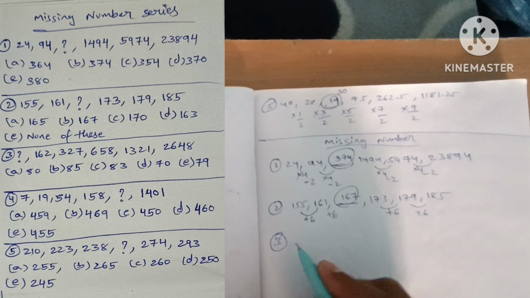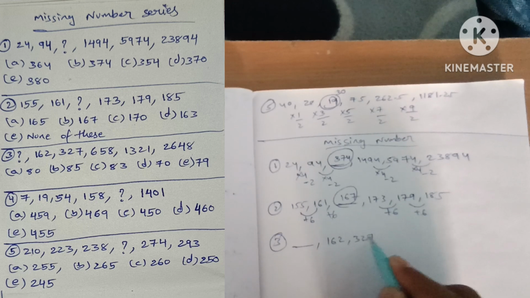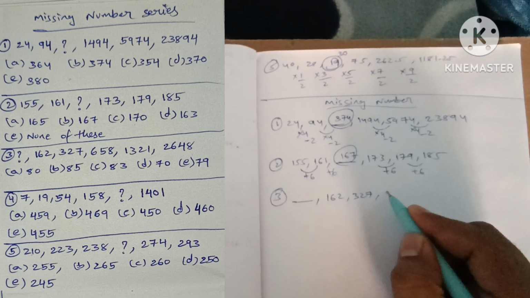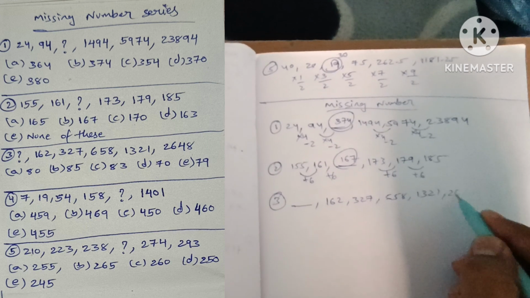Third one: dash, 162, 327, 658, 1321, 2648.